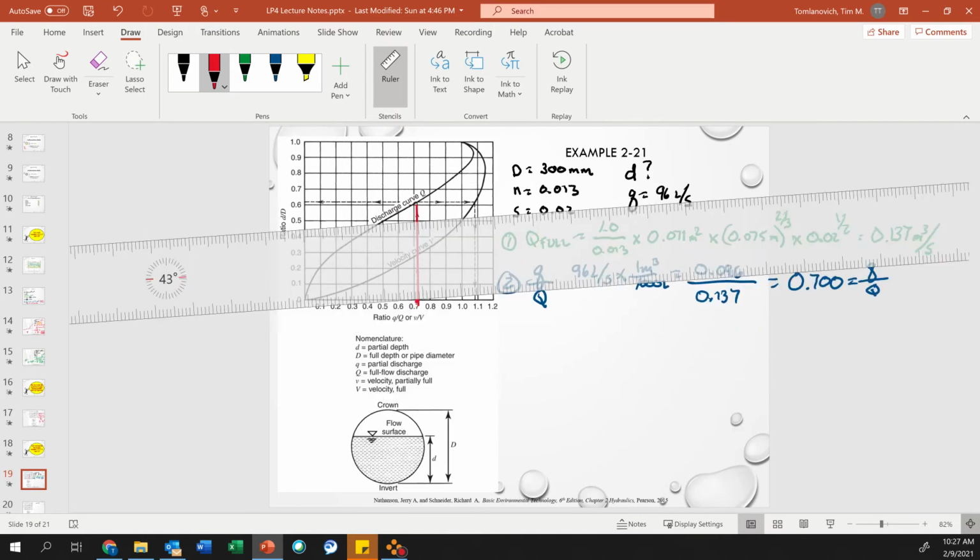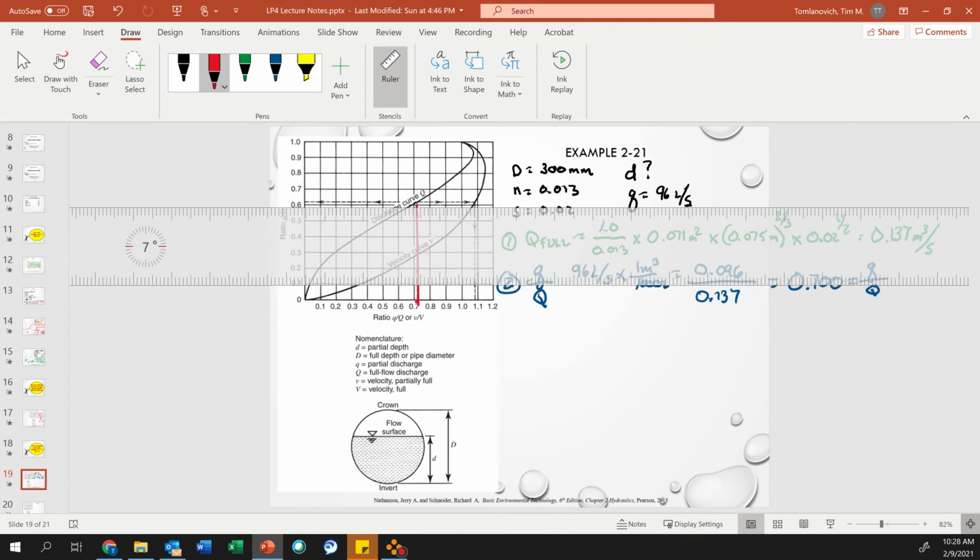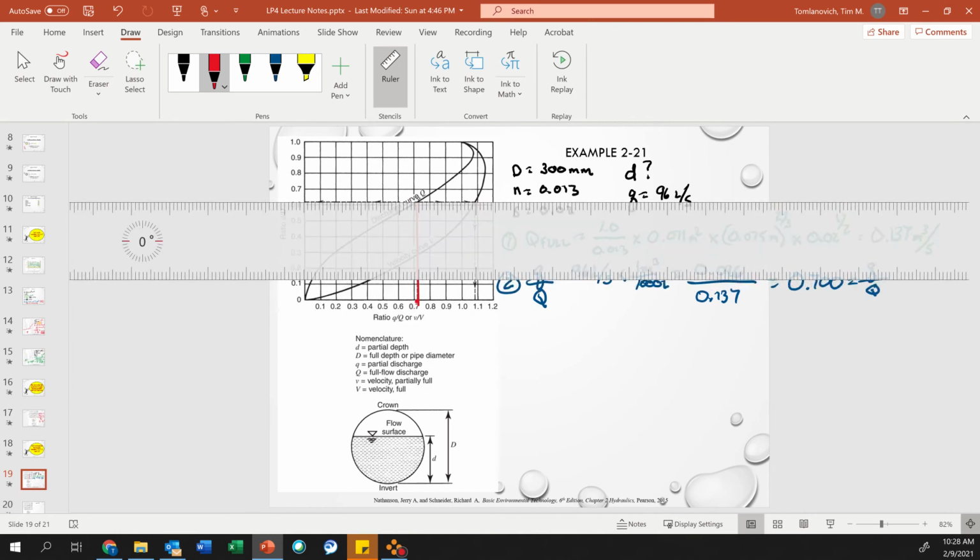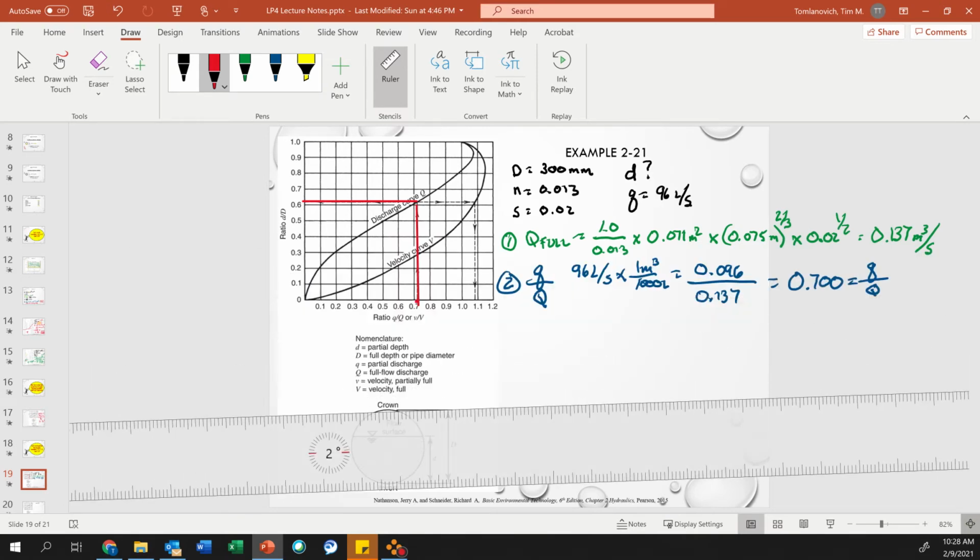Okay, and then I come over here. Okay, so I know my ratio of D over big D equals, I'm going to say 0.62.